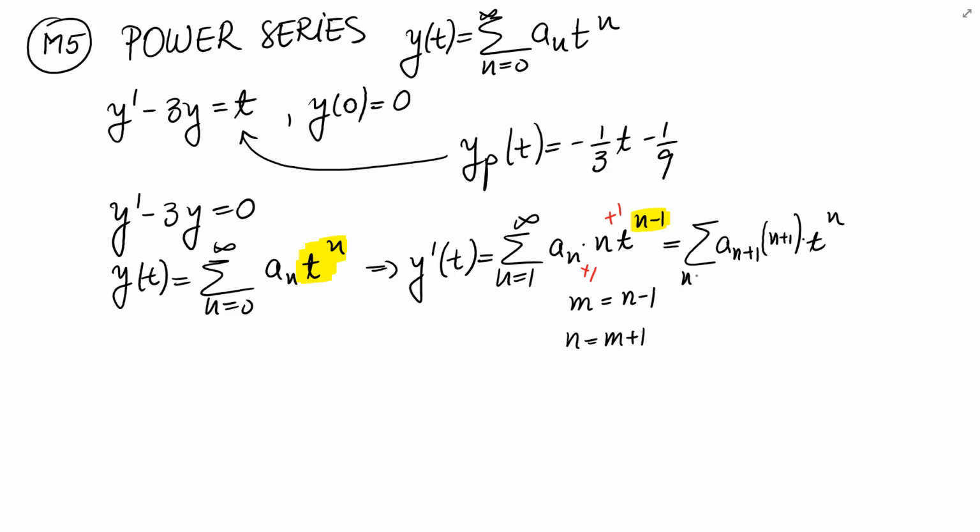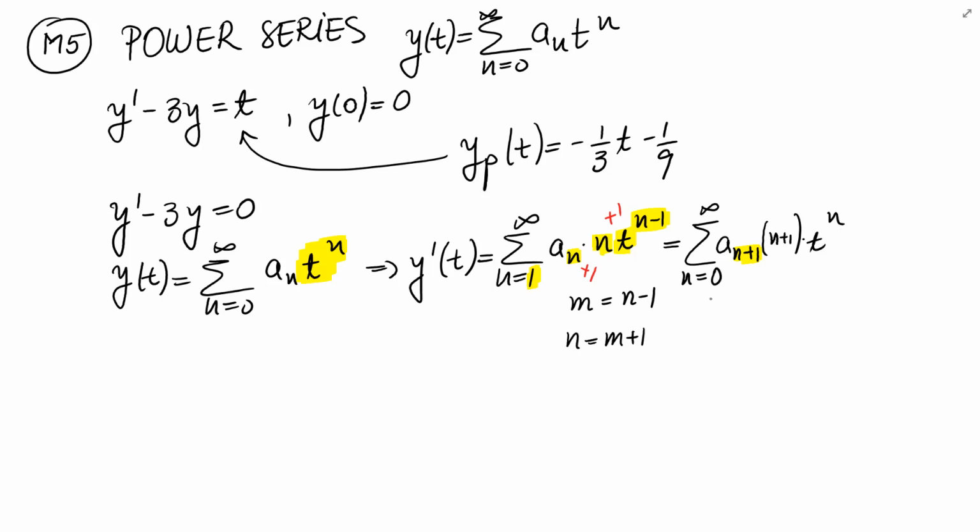Now the question is, where is n starting from? If we take a look at when n started at 1, this term was a sub 1 times 1 times t to 0. So at what point should I start to have a sub 1 times 1 times t to 0?